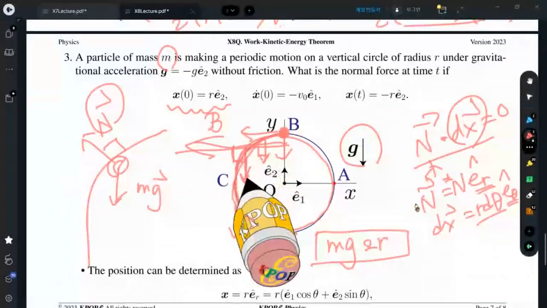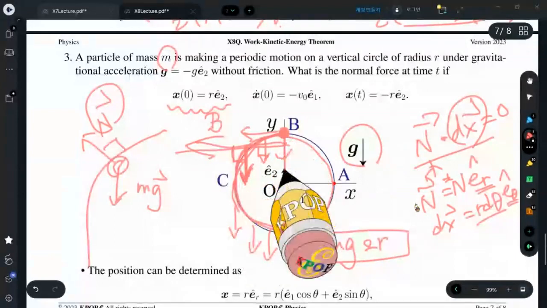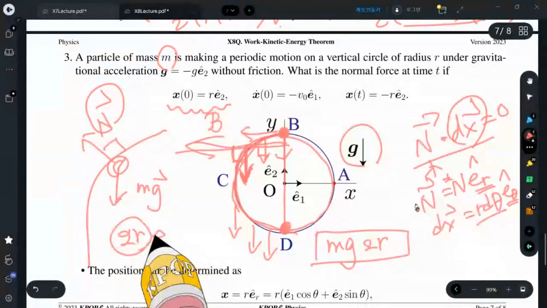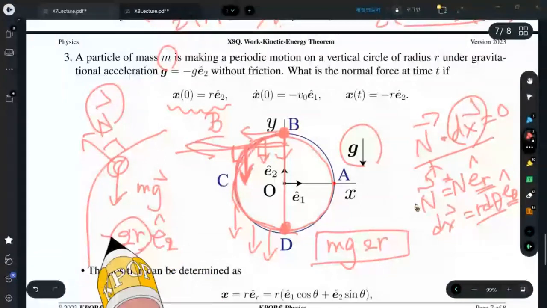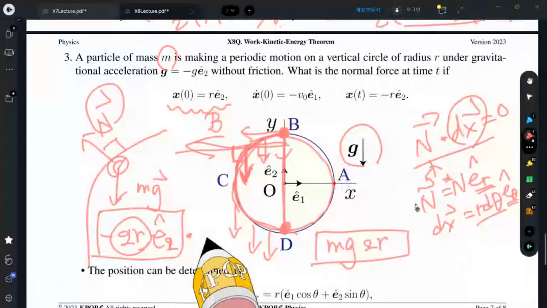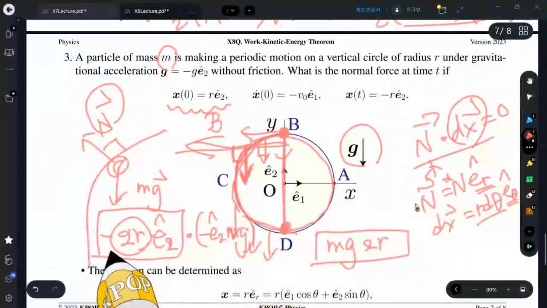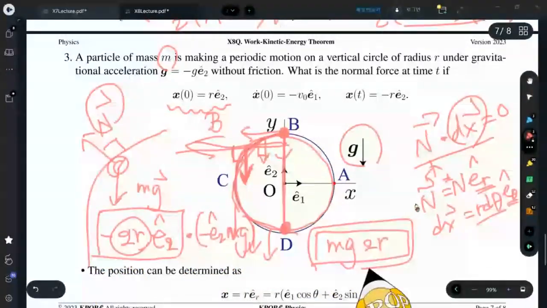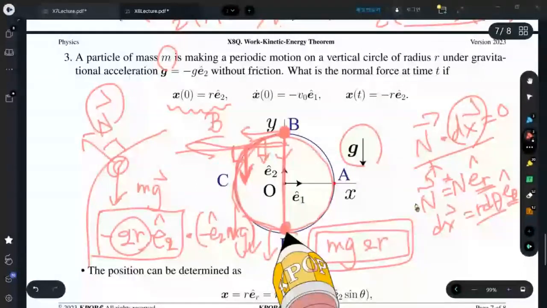The only component that survives and contributes to the work done by the gravitational force is this one. Therefore, 2r is 2r e1 hat, e2 hat, minus this is the displacement, and the gravitational force is minus e2 hat mg, and multiplication. So 2mgr, minus minus becomes a plus. So this is the amount of work done by the gravitational force from B to D.